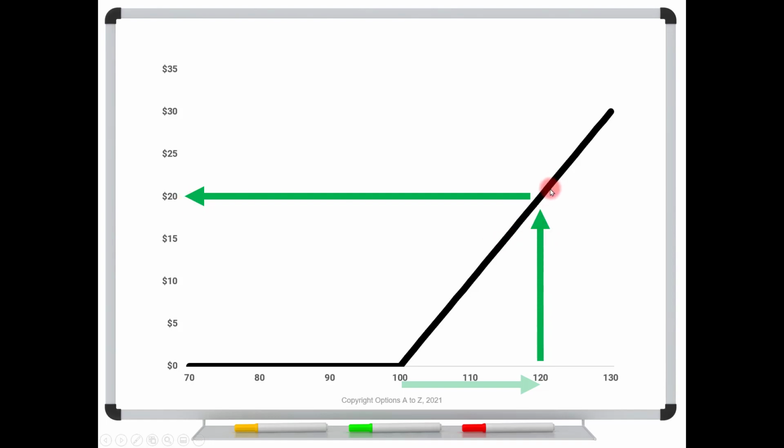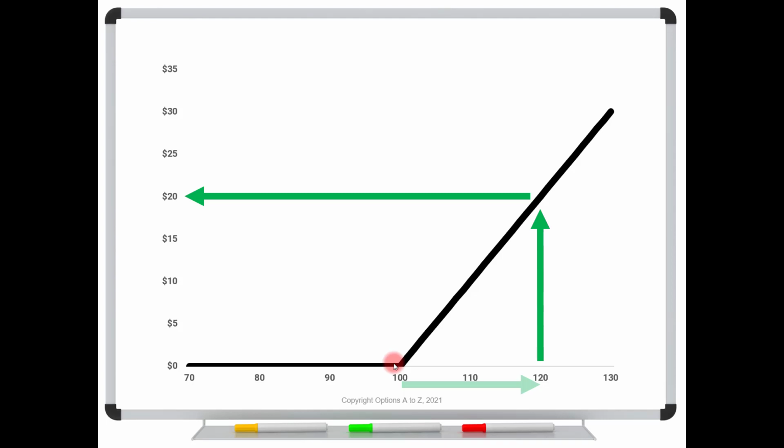So see, when it's drawn like this as a payoff diagram, there's no confusion. And that's because we are assuming that nothing has been paid for the option. We're just looking at the fact that it will be worth 0 at expiration if the stock is at 100 or below, or it is just worth the difference between the stock price and the strike. Very easy to see in a payoff diagram.